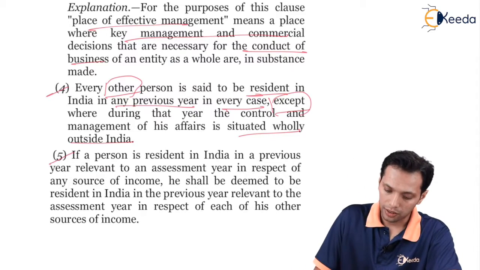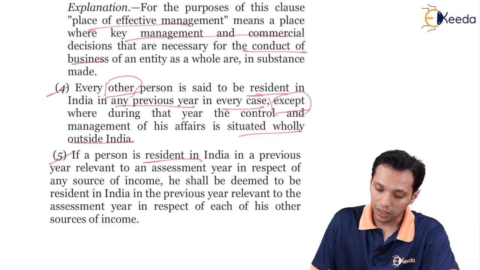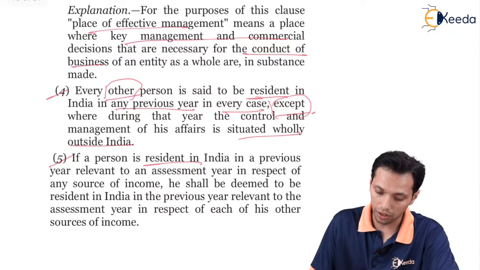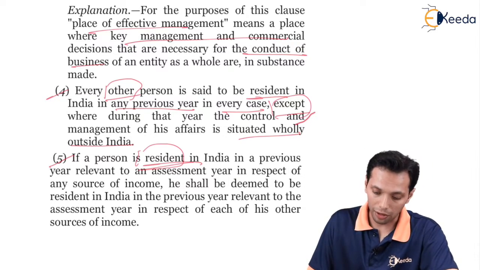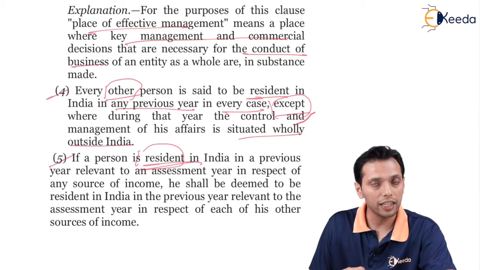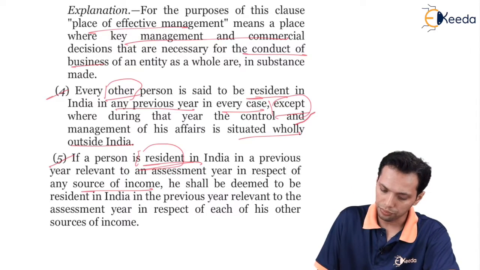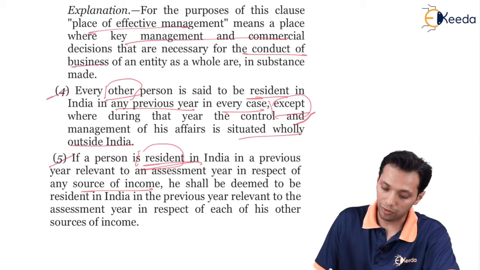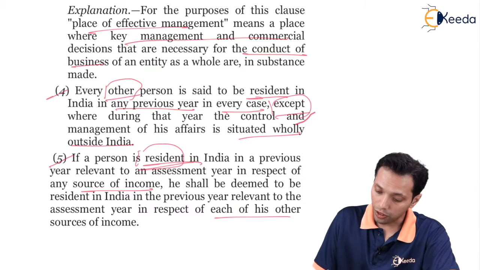Subsection 5: if a person is resident in India in a previous year relevant to the assessment year in respect of any source of income, he shall be deemed to be resident in India in the previous year in respect of each of his other sources of income.